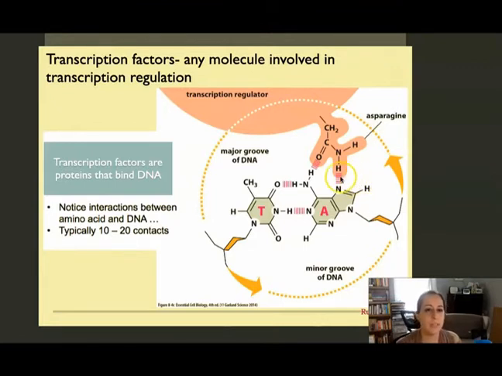And you can see, because of the chemical interactions here, how a transcription factor can be sequence specific. And it can be more or less sequence specific depending on how many different contacts there are and how the contacts form. So we won't get too much into that. That will be something that you could talk more about in advanced molecular biology courses.